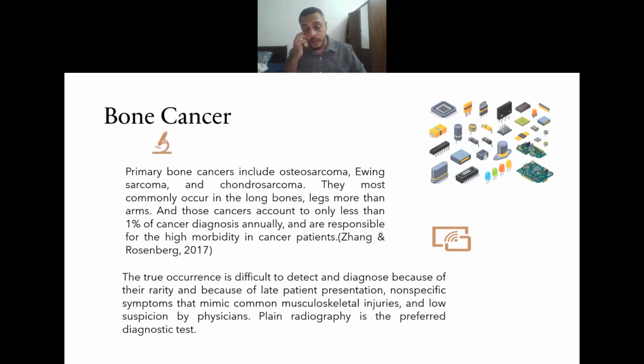In fact, non-cancerous tumors have a higher diagnosis rate than cancerous tumors.